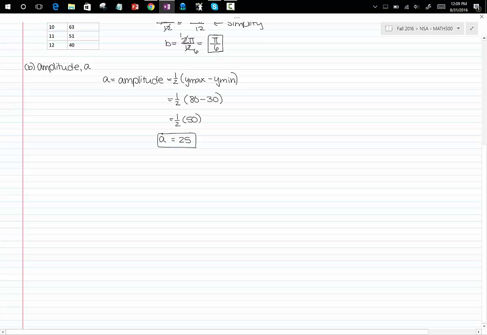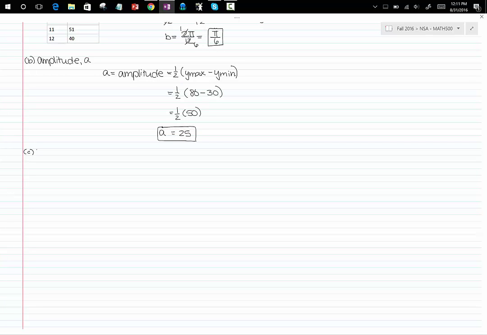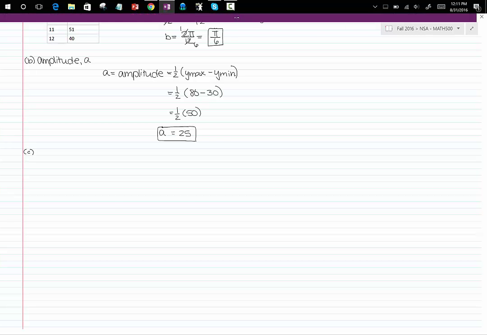Now part C wants us to use the information from part B to help us find d in the equation. The sine function stays between the y values -1 and 1 when drawn on the graph. And let me draw that out for you.